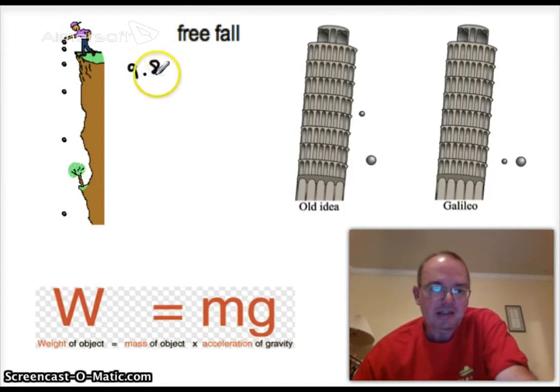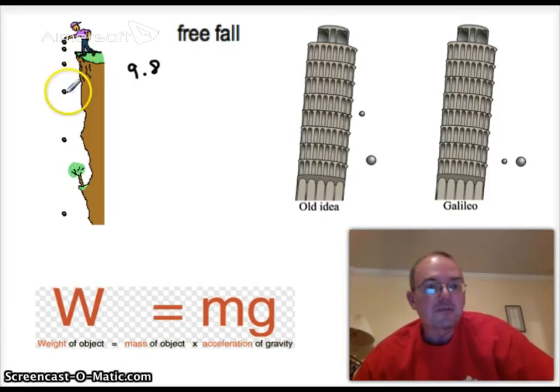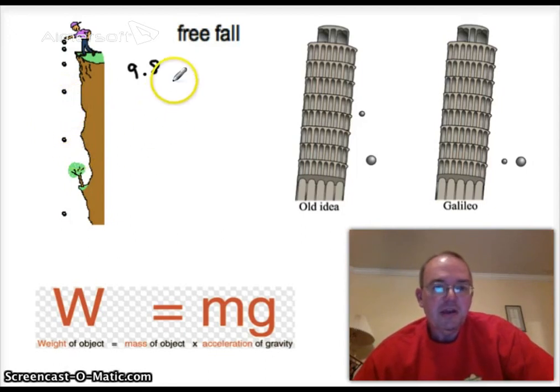The fact that it's squared means for the first second it'll fall 9.8 meters. Then for the next second it will expound upon that and make it 9.8 times 2 meters. Then for the third second you add another 9.8 meters and so on. But here on Earth it's 9.8 meters per second squared, and that's because of the gravity of the Earth.